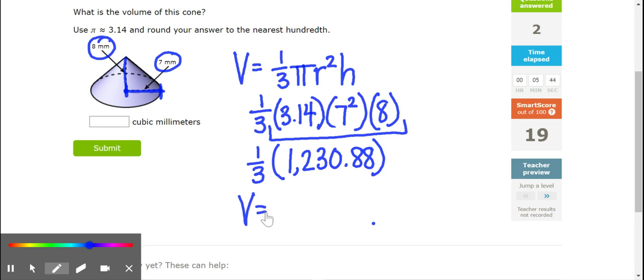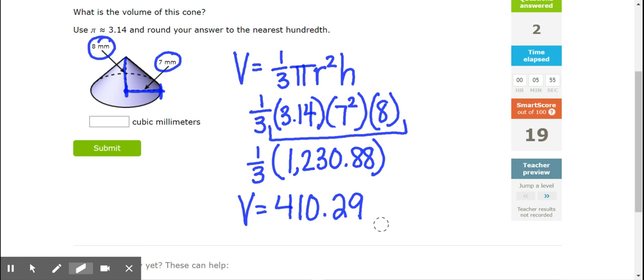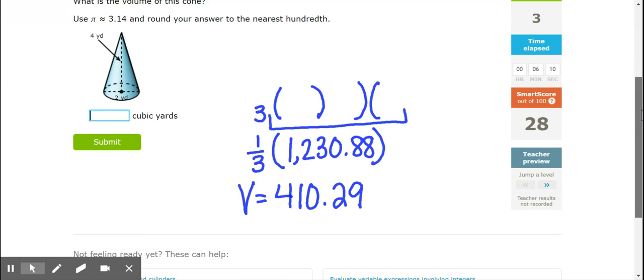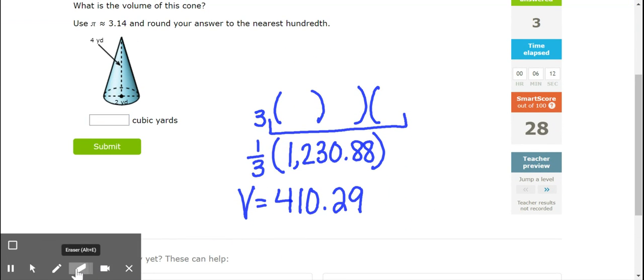And so my volume equals 410.29. I just needed 2 decimal places. It gave me more, but I had to round because it said nearest hundredth. So I rounded to 29. So 410.29. Submit.